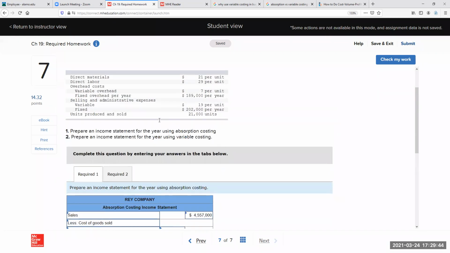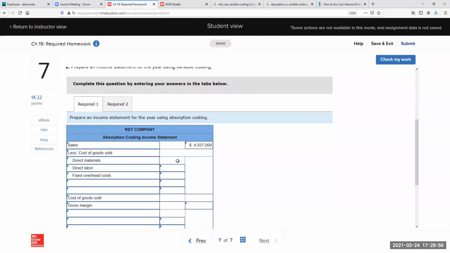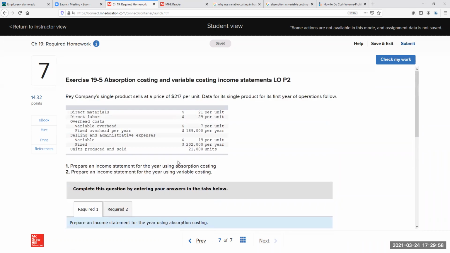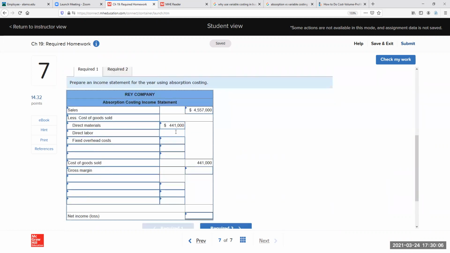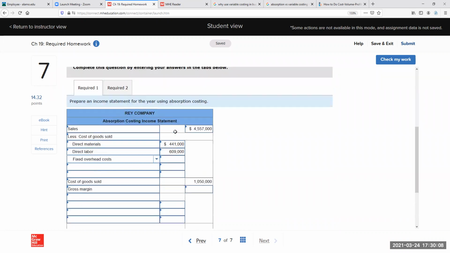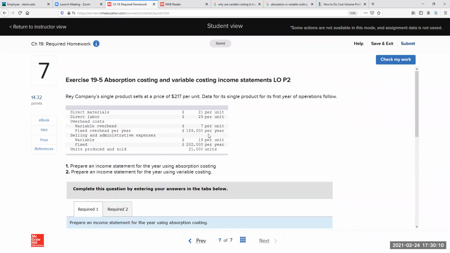So now $21 materials times 21,000 is 441. What was your labor? $29 times the 21,000, 609. And then the fixed overhead is 189.